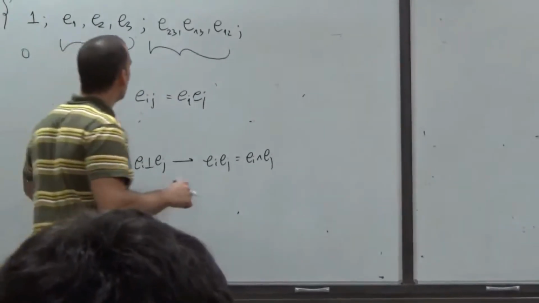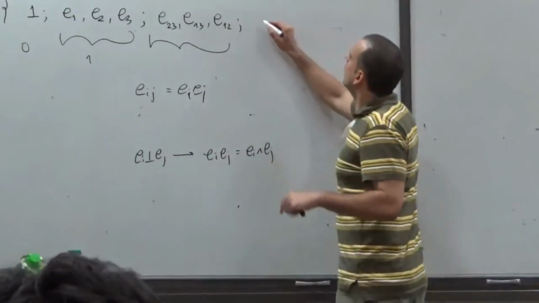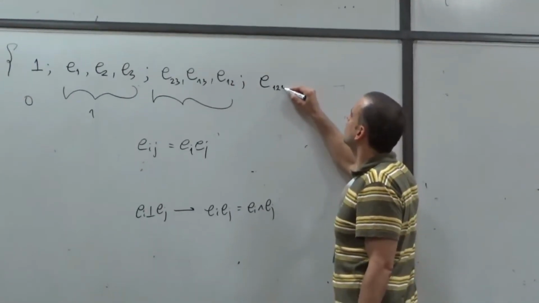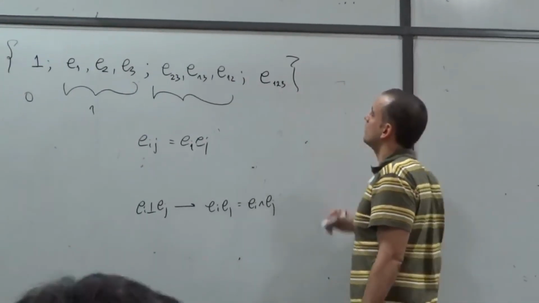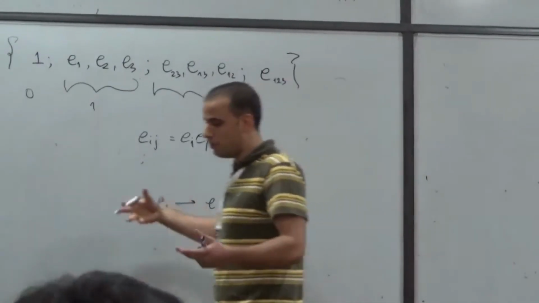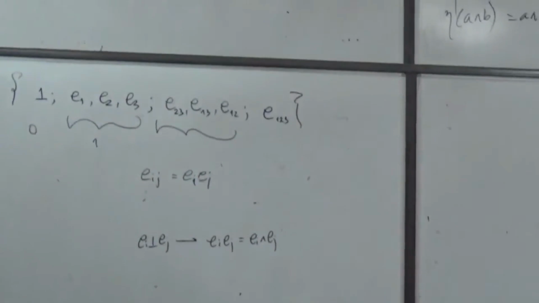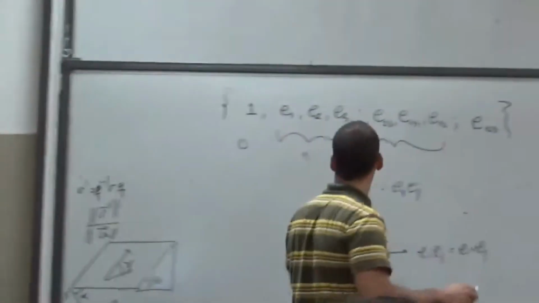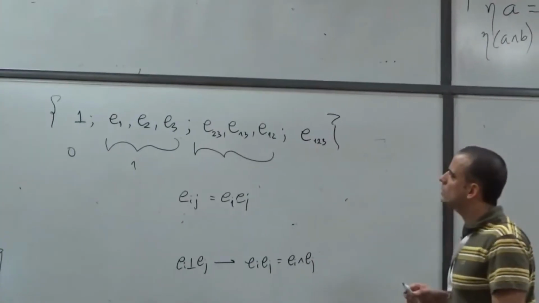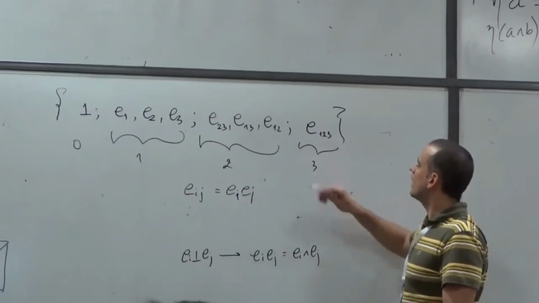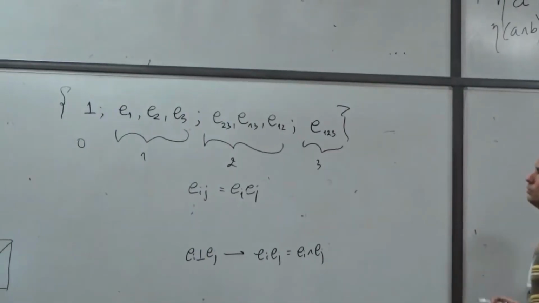If we go further, we have in 3 dimensions nothing more than a 3-vector. We cannot go further because obviously the volume of the next grade in 3 dimensions is 0. This is a volume element, the highest grade, which we call the pseudo-scalar.